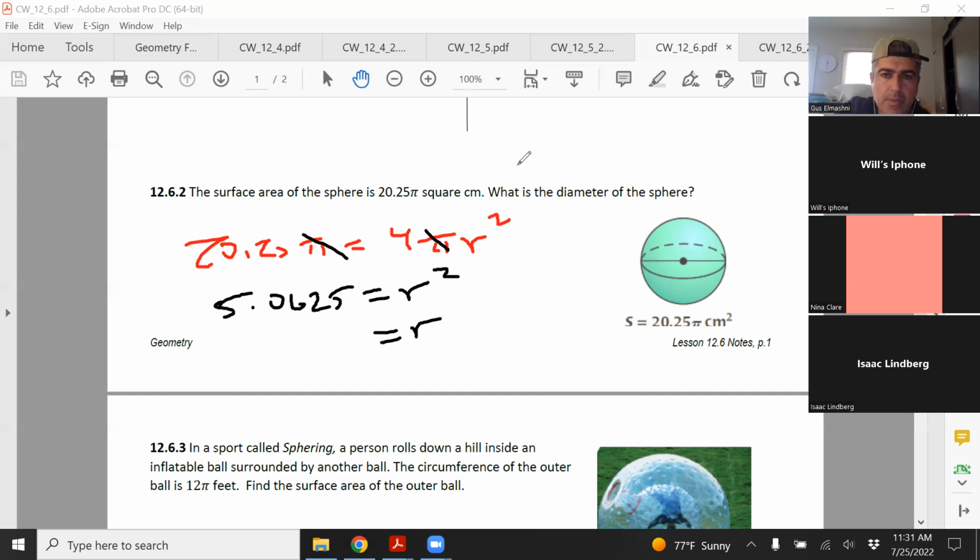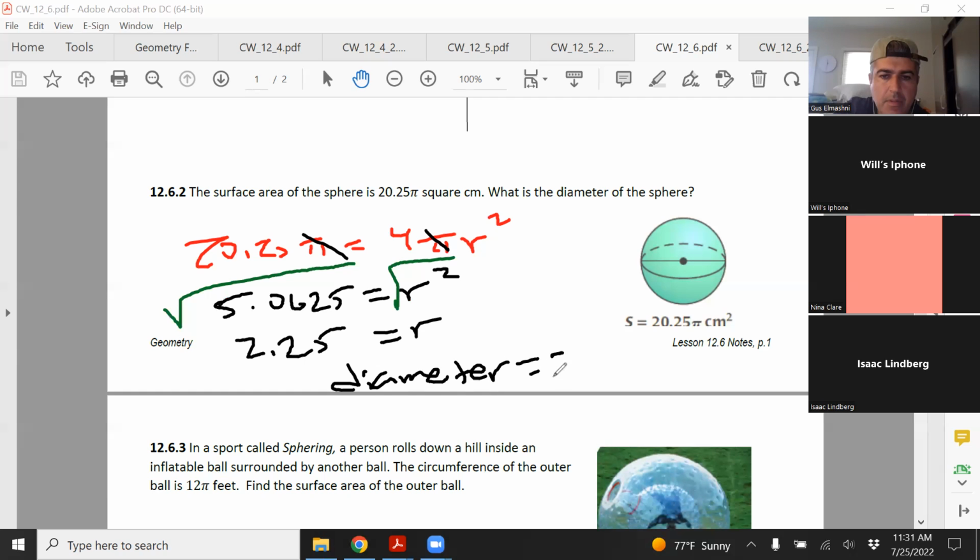Then you take the square root, which would be 2.25. So the diameter will be double that, or 4.5. There we go.